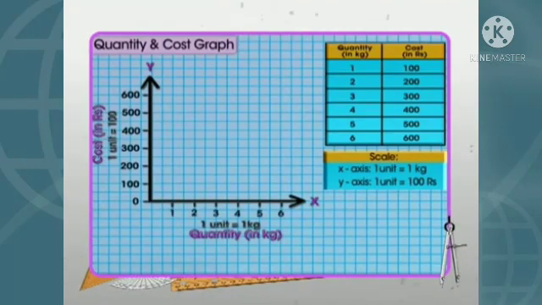Plotting the points (1, 100), (2, 200), (3, 300), and so on, and then joining them gives a straight line graph between the quantity and the cost of apples. From this graph, as we did earlier, for any given quantity, we can know the total cost of apples or vice versa.